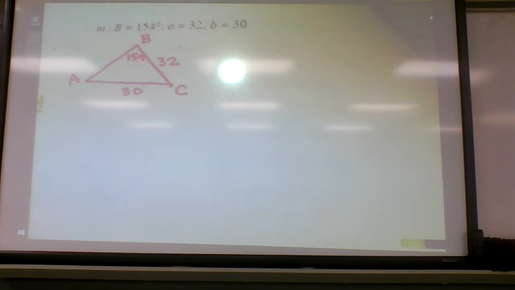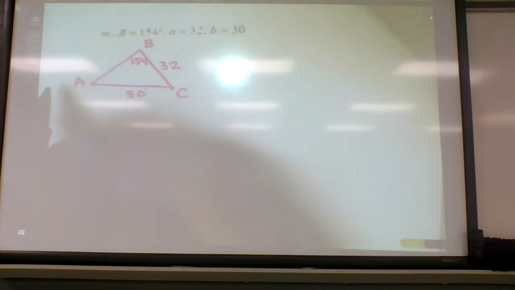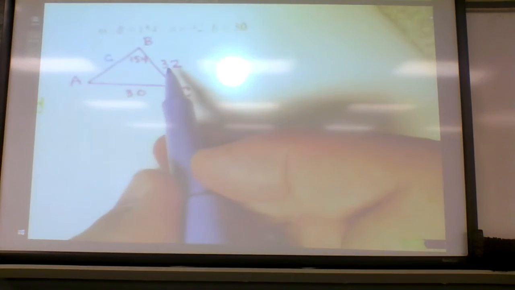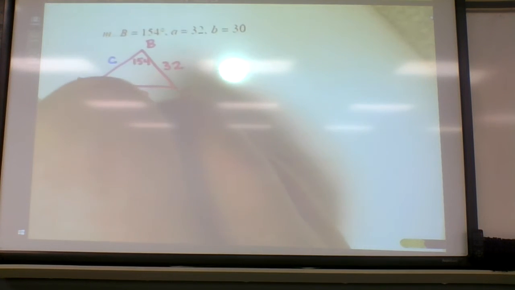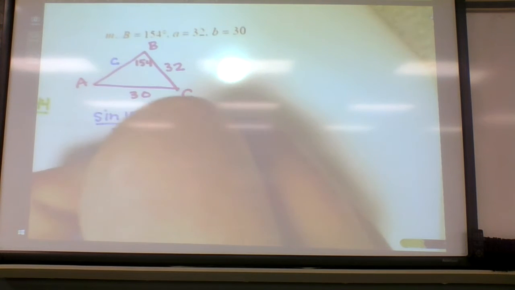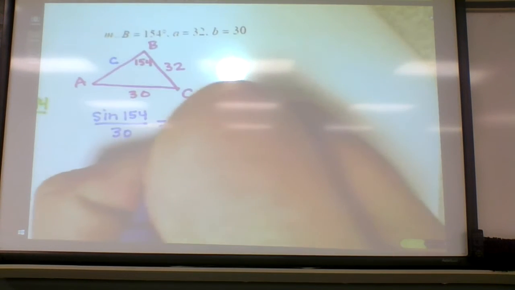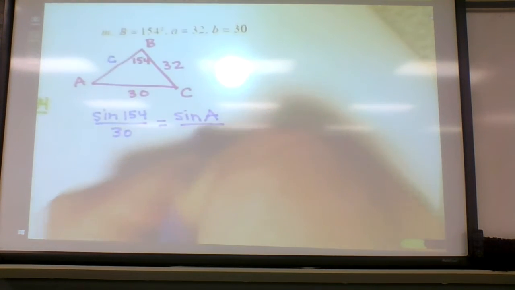All right. What should we find first? Because we need angle C, we need angle A, and we need little c, right? Angle A, because we know the side across from that, right? We know little a. So we'll say the sine of 154 over 30 equals the sine of A over 32.